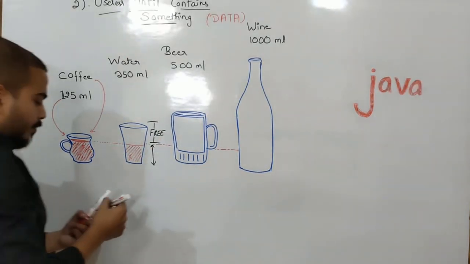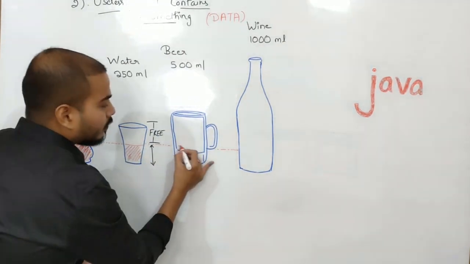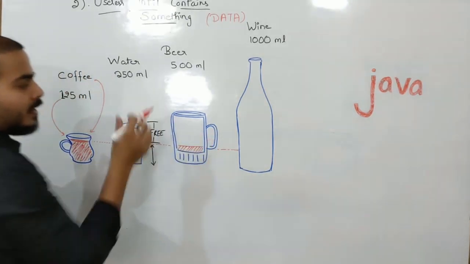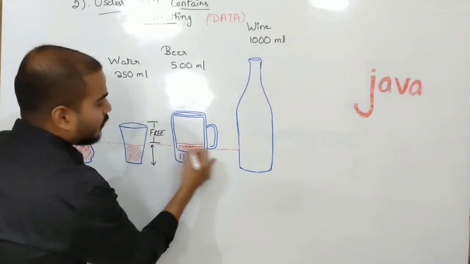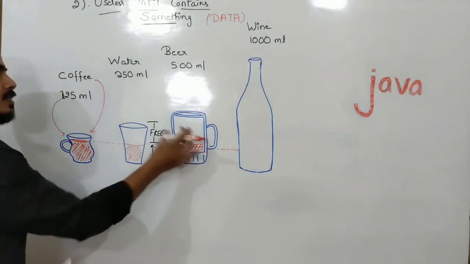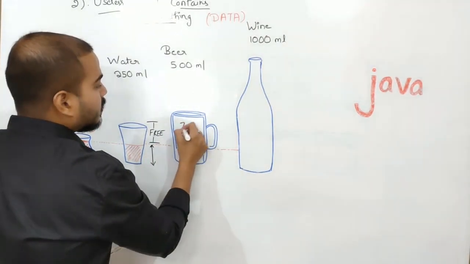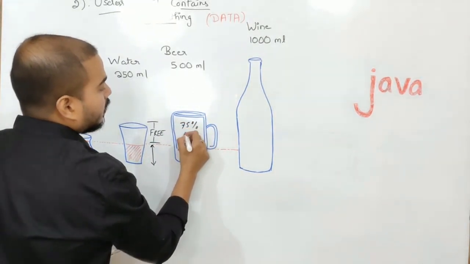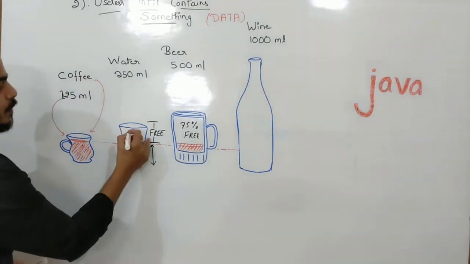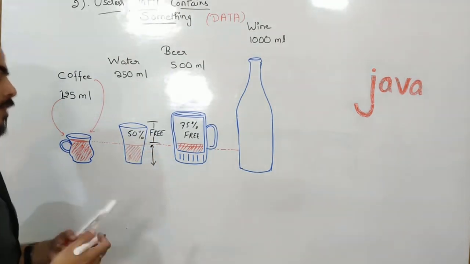If you try to do the same with the higher capacity container, then this particular area is filled. Let's increase it a little bit more. Yes, this particular size of the container is filled, yet 75% of the container remains free. In this particular case, 50% of the container remains free.